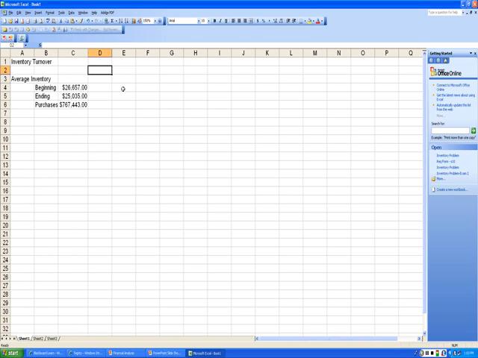So to figure out our average inventory, we do our beginning plus ending divided by 2.